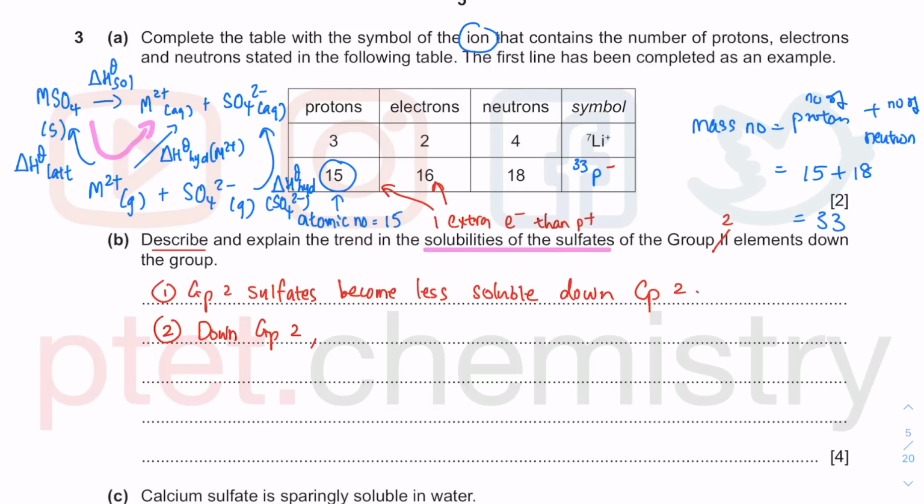So what I can see from the relationship is that the delta H solution is equal to minus the lattice enthalpy, because I'm going against the definition of this thing, which is going upward. I'm going against it, so it's minus the lattice enthalpy there. Okay, and then I am going in the same direction, so there's hydration of the cation plus the hydration of the sulfate. Now that is just our expression there.